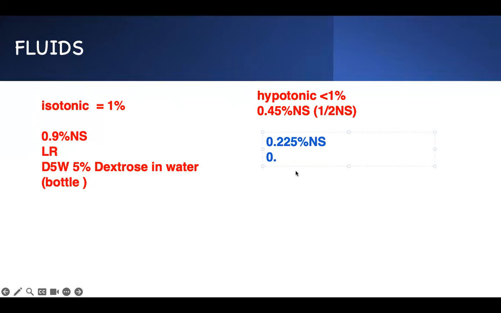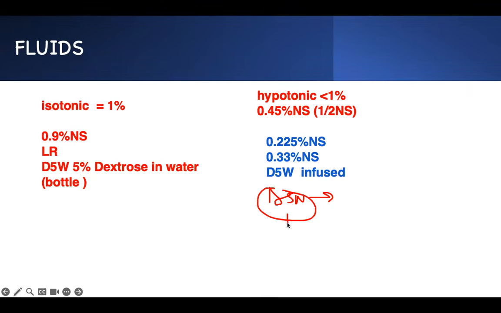If you go a little bit up, 0.33%, that's hypotonic solution. Now, D5W, the same thing that we saw, if it's infused, yeah, it's hypotonic. Why? When we infuse the D5, initially in the bottle is what?